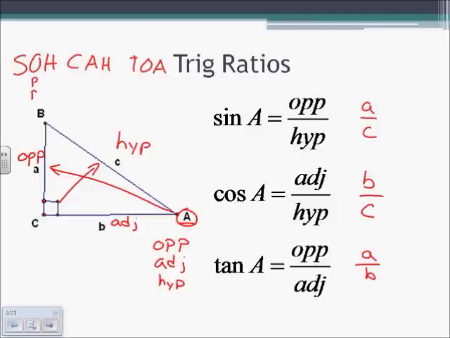Sine, opposite over hypotenuse, as coincides with sine of A here. Cosine is adjacent over hypotenuse, and then T for tangent, opposite over adjacent. Each one of those goes along with that. So I'd write those down and take a look, because we're going to be using those a lot in the next section here.